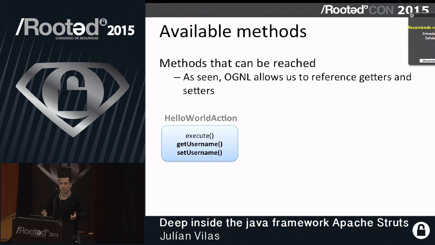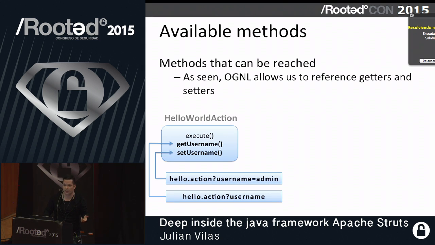What getters and setters can we target from hello.action? In principle, if we write username, we are going to reference the username attribute of the hello action. If we write the one you can see on screen, hello action username or hello.action username.